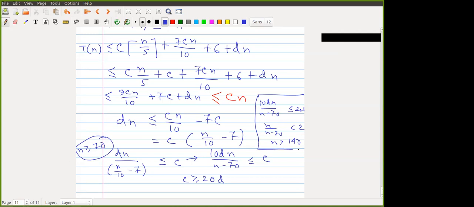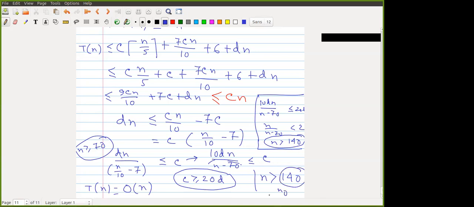If you take any n greater than or equal to 140, the issue of the denominator becoming negative goes away. So with n greater than or equal to 140 and this condition, our T of n is actually order n. So this 140 is our n naught.